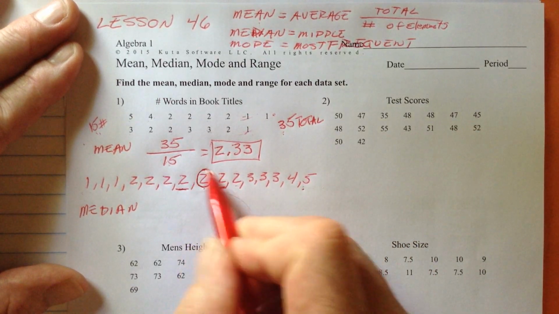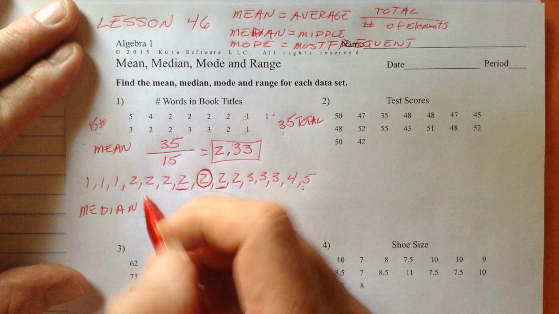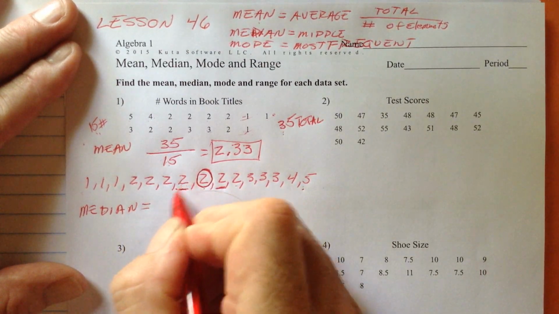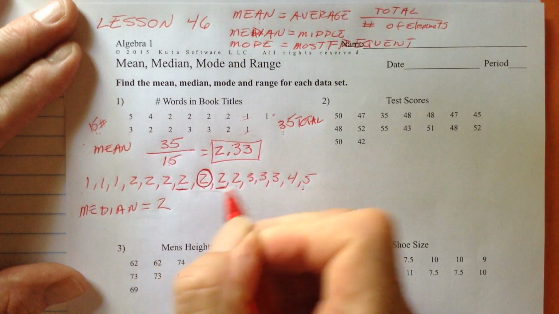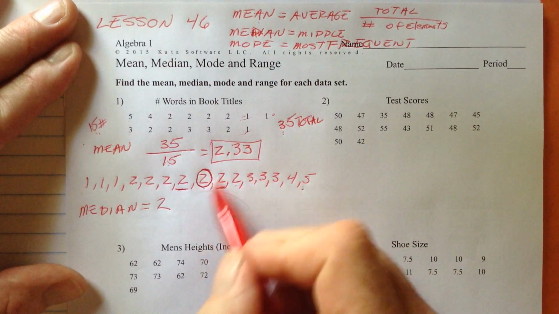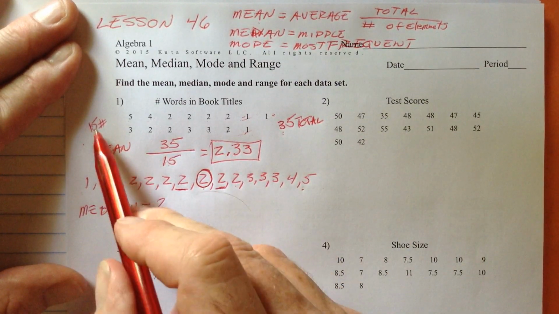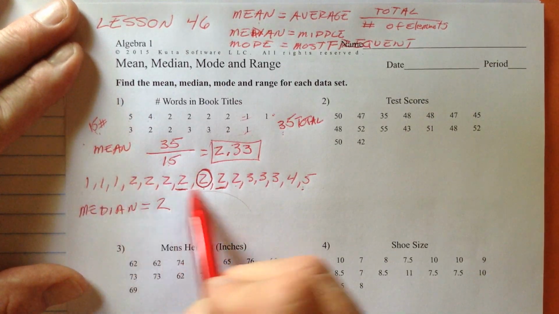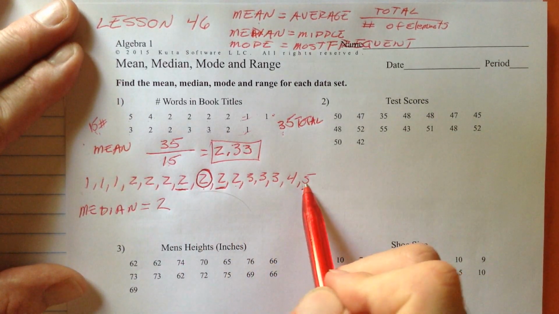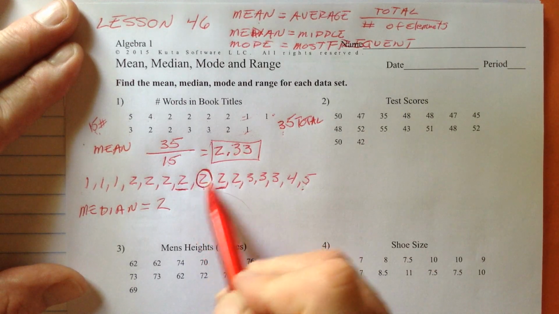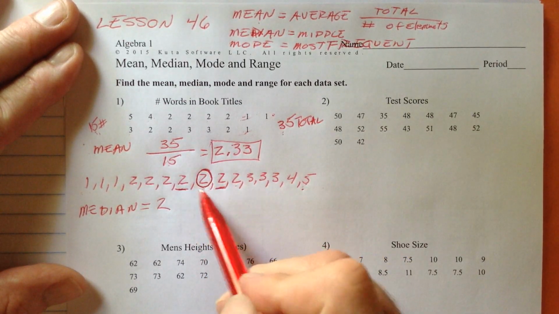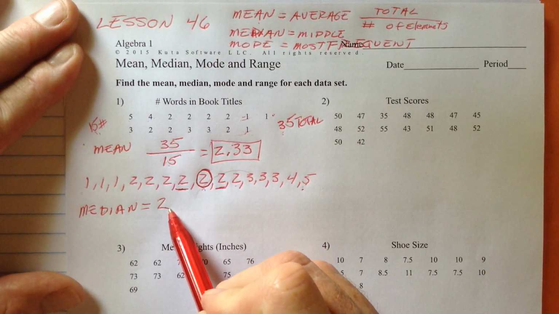So this will be the middle. Okay, so the median would be 2, because that's the middle. When you put them in order, it's the one that's right smack in the middle. Okay, so here being an odd number, you're going to have 7 on one side, 7 on the other, that's 14, and the middle one makes 15. And that middle one is going to be your median.